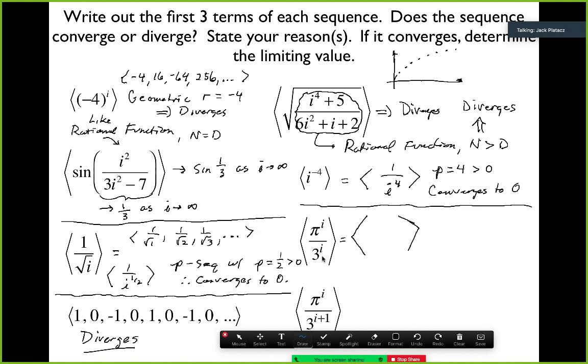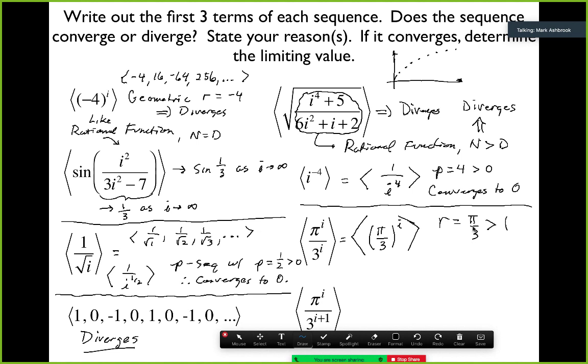Okay. It's geometric. How is it geometric? 3 to the i. Yeah, both are to the i, right? Isn't this pi over 3, all to the i? Would you buy that? And therefore r is pi over 3. Is that in our range of negative 1 to 1? No, it's greater than 1, right?